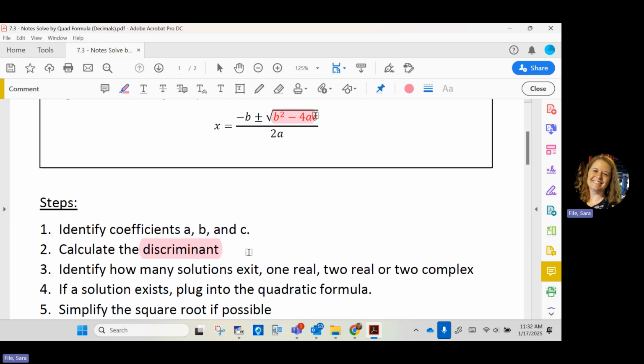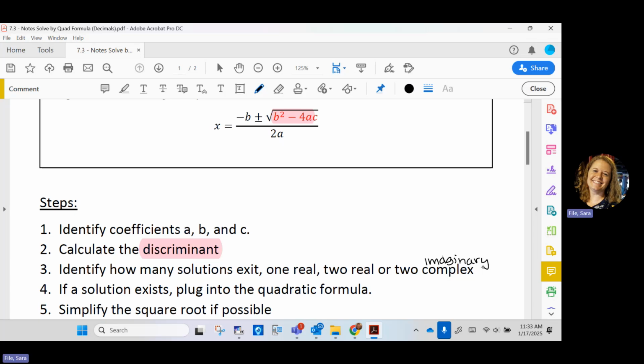Now, that number, if you look back at your 7.2 notes, we talked about how the discriminant will tell us how many solutions there are going to be. It's either going to be one real solution, two real solutions, or two complex or imaginary solutions. Complex is imaginary, if you want to write that above it to remind you what that is.